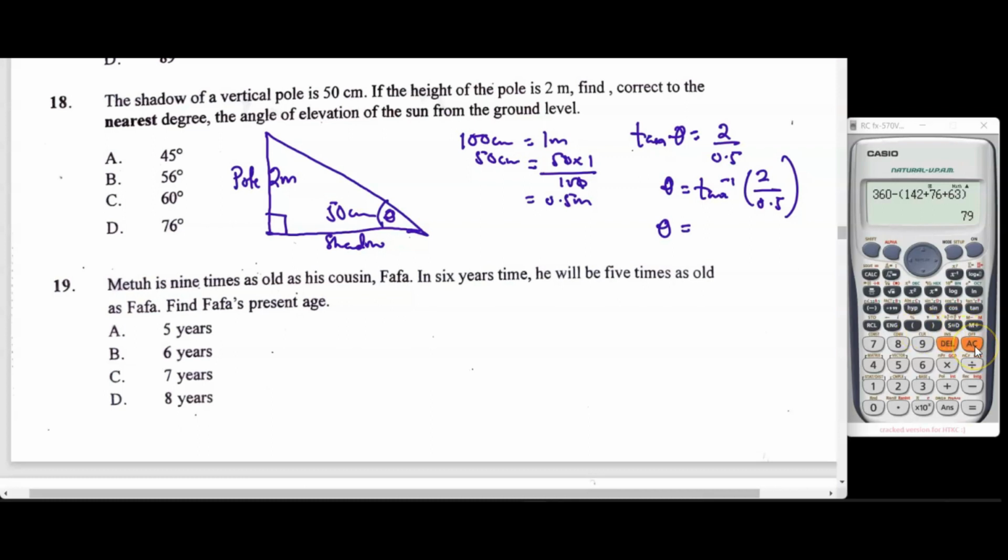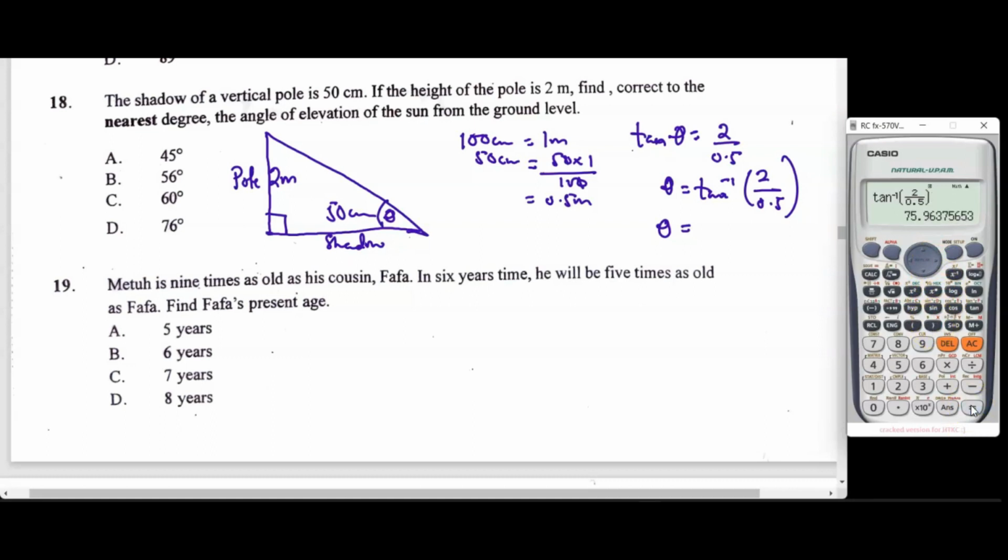Remember, we have to leave the answer to the nearest degree, so we have it as tan inverse, so shift tan inverse, fraction 2 divided by 0.5, then we close our parenthesis, and then equal to.